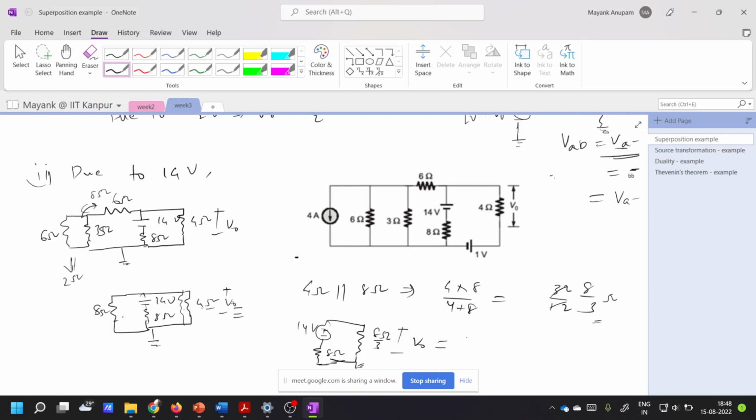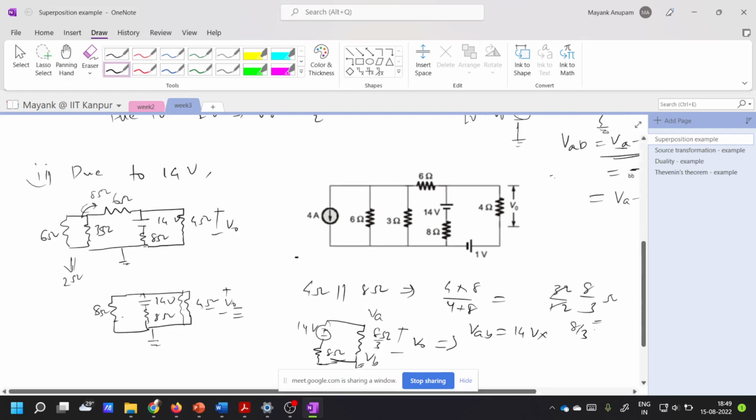As per voltage division, how will I apply it here? V naught should be equal to 14 volts multiplied by 8 by 3 ohms divided by 8 plus 8 by 3, right?